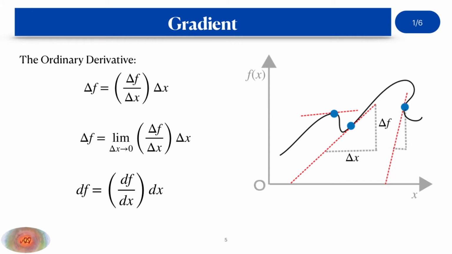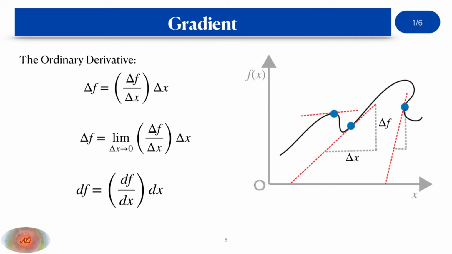In a similar way, with respect to this point, the slope is much steeper. So basically df/dx represents how fast the function changes if you move along the direction of the independent variable. At this point, the change of the function is much slower because the slope is parallel to the x-axis.